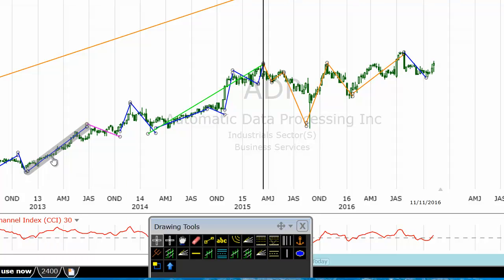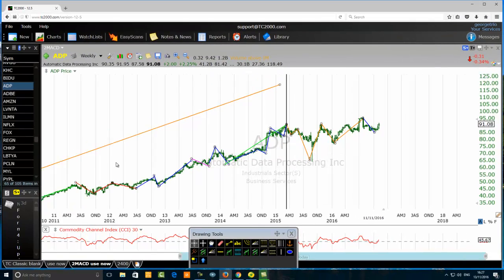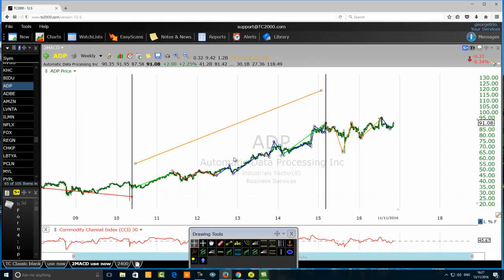Even this session also has been subdivided into 1, 2, 3, 4, 5. 1, 2, 3. That's it. 1, 2, 3, 4, 5.